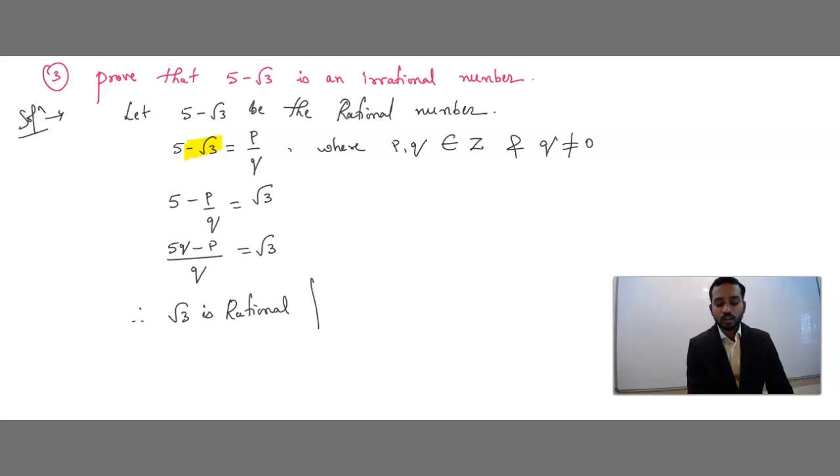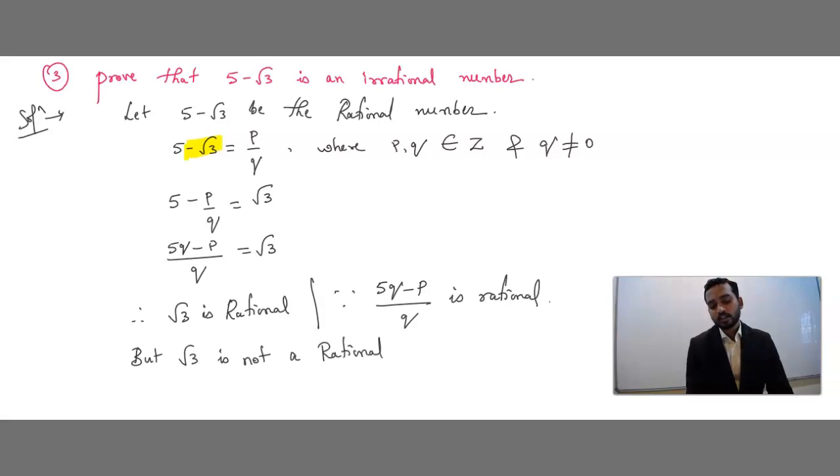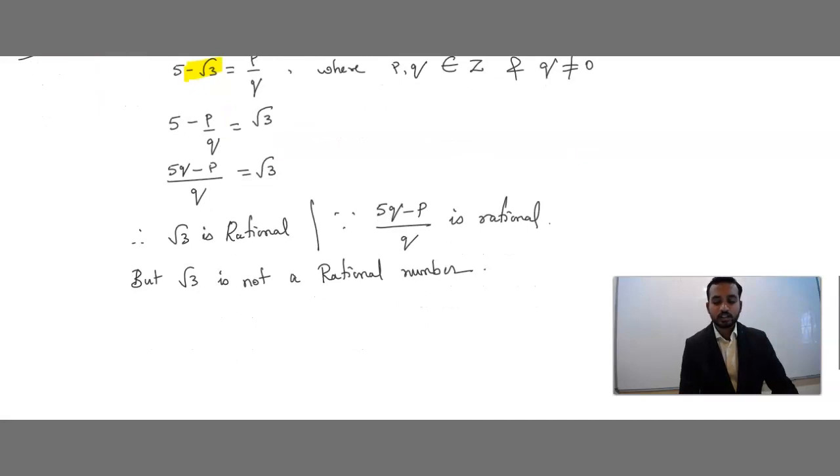Root 3 is rational because (5Q minus P) by Q is rational. Okay, but root 3 is not a rational number.